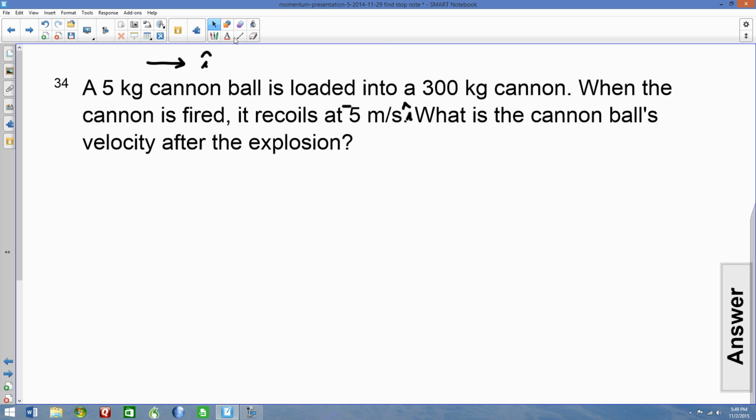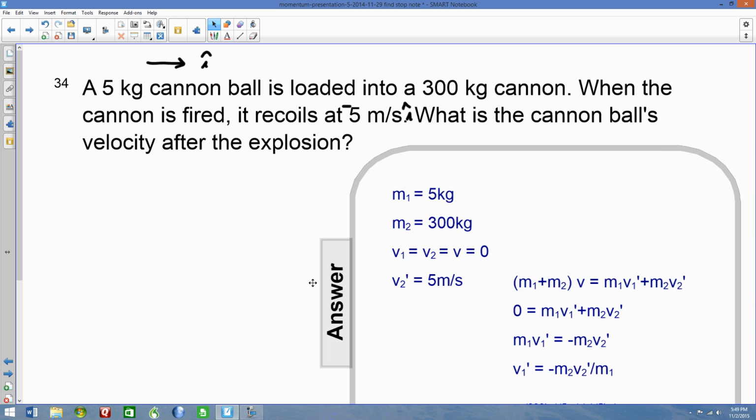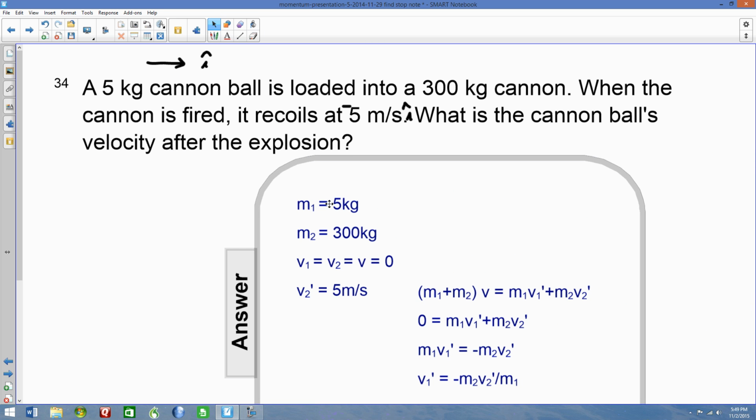Okay, let's see if you have the right answer. We start out with an initial mass of 5 kilograms for the cannonball and 300 kilograms for the cannon. The initial velocity of the cannonball and the cannon is 0 meters per second, and we're going to make that i hat. The recoil is negative 5 meters per second i hat.